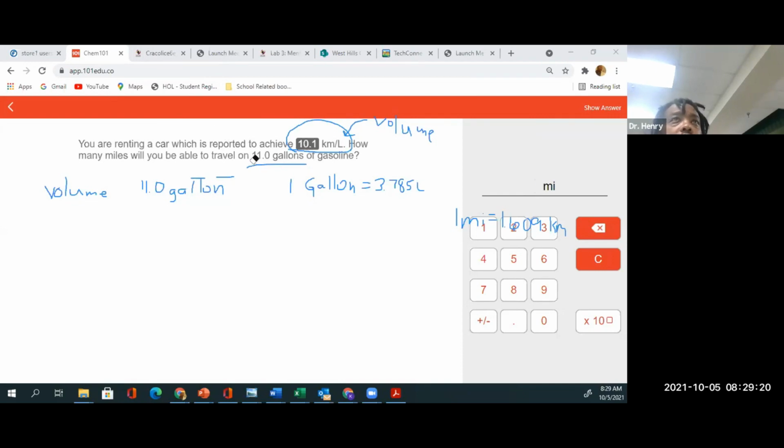So my given is going to be 11.0 gallons. So we're going to start off with that. So I have 11.0 gallons. Okay. So if I want to get rid of gallons, how am I going to do that using this conversion factor?